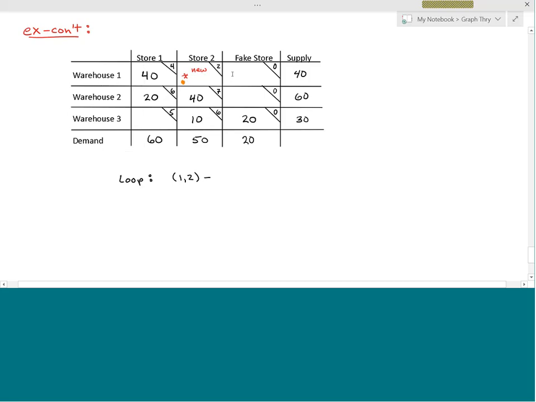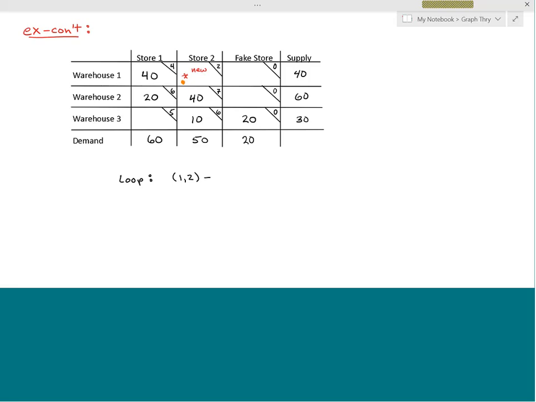So if we look along the row, what cell do we have to throw into this loop? Any guesses? Remember, you're only allowed to use cells that currently have values in them, so only cells that are currently in the solution, other than the new cell. 1, 3 is currently not in the solution, so you're not allowed to use that one.